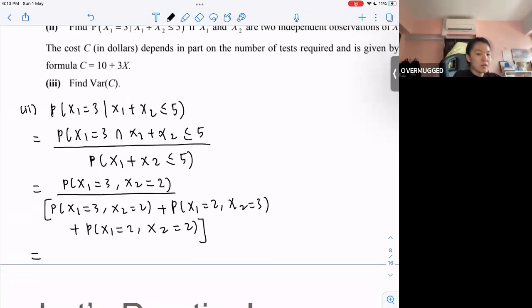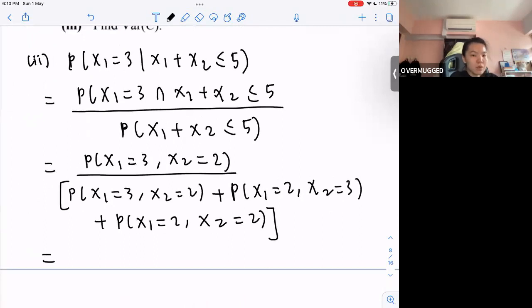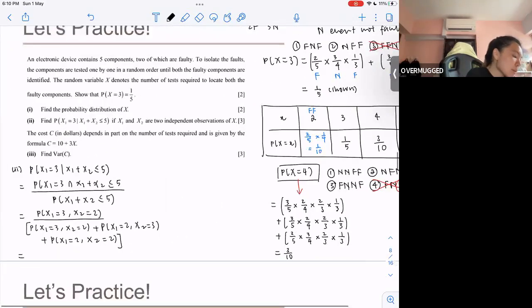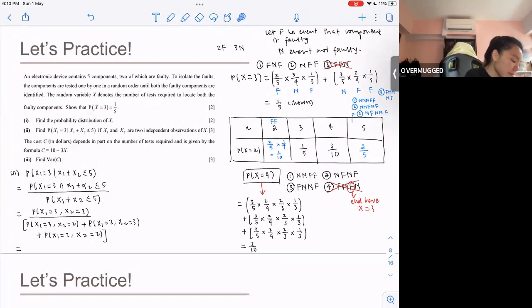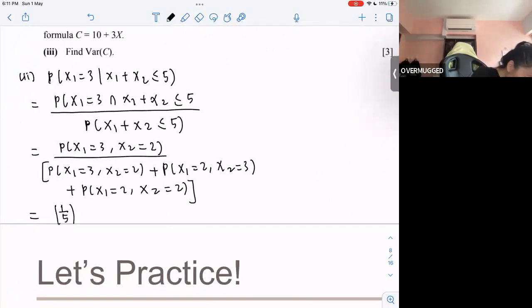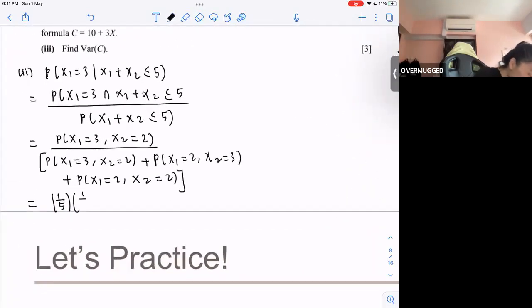The probability of x1 being 3 and x2 being 2, right? Actually, I don't even need to go and recalculate because I already have all my probabilities here. That's the beauty of it, right? So probability of x1 being 3 will just be 1 out of 5. And the probability of x2 being 2 will just be 1 out of 10. So it'll be 1 out of 5 times 1 out of 10.